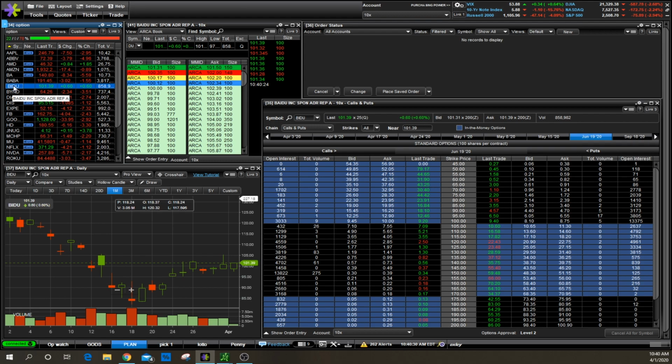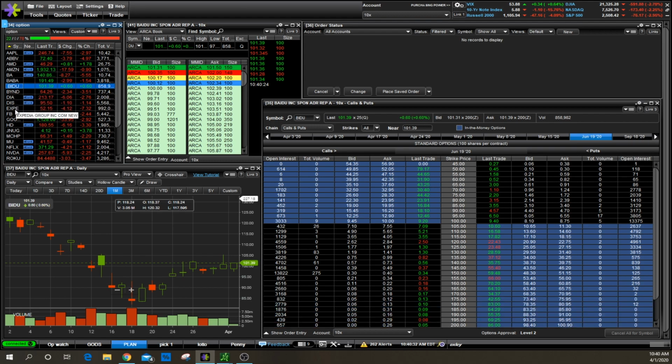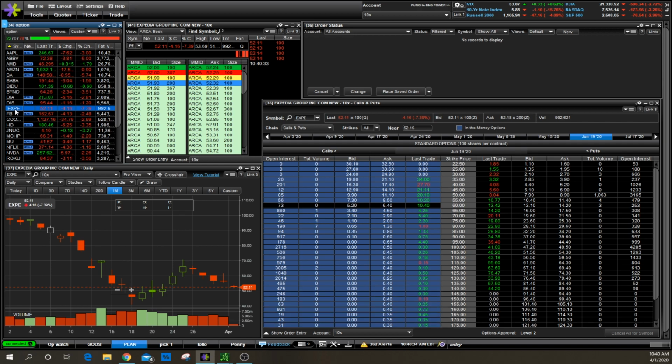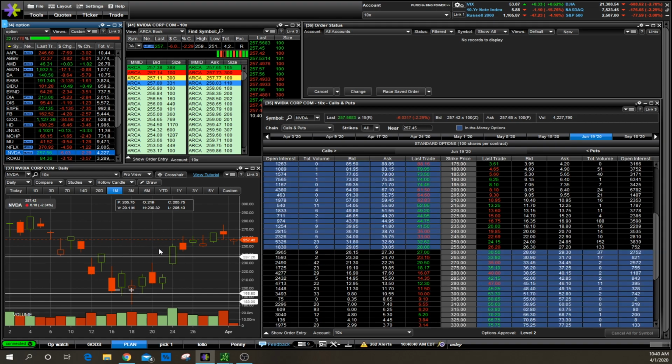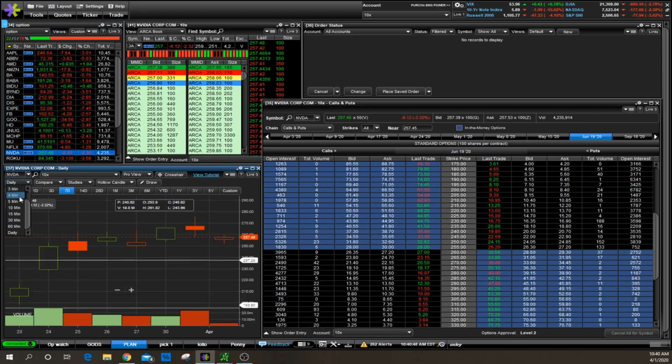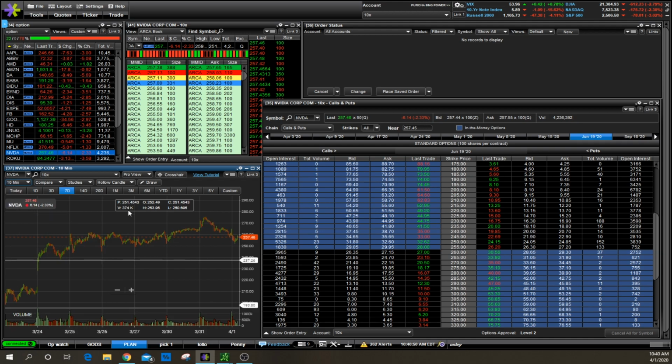Bidu, China stock, kind of like eBay. See what Expedia, Nvidia. I do like this Nvidia to drop lower. Let's change this to 7 days. Do a 10-minute time frame.